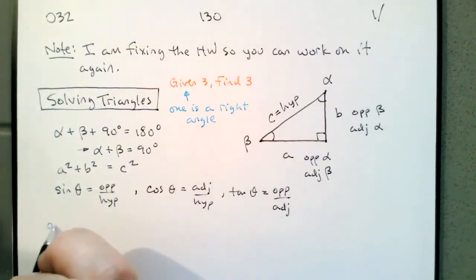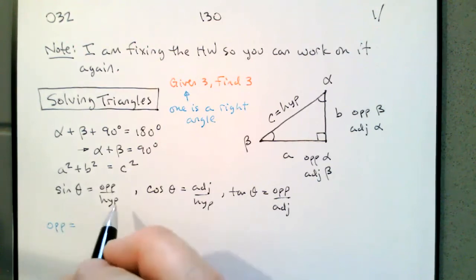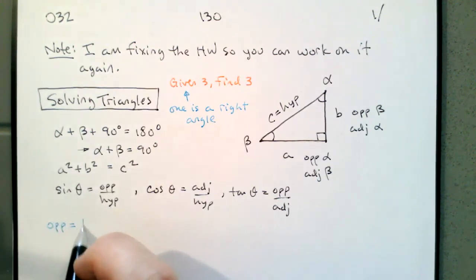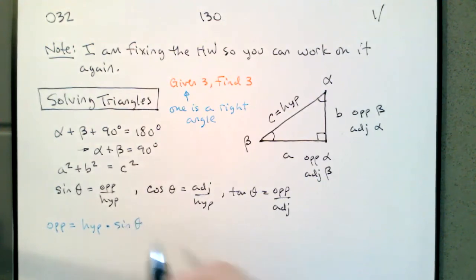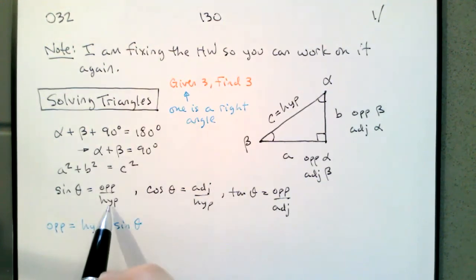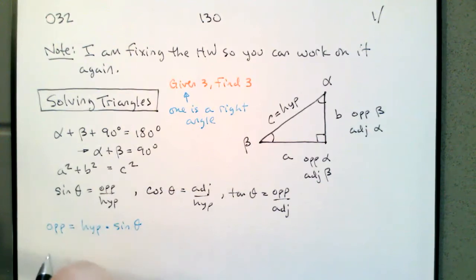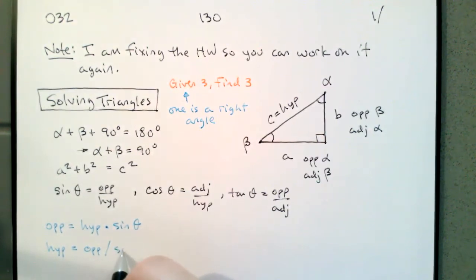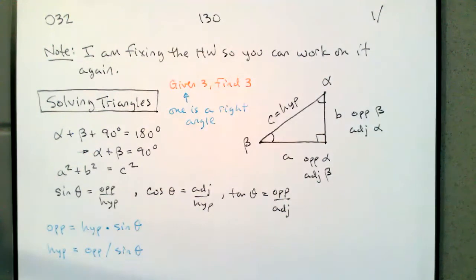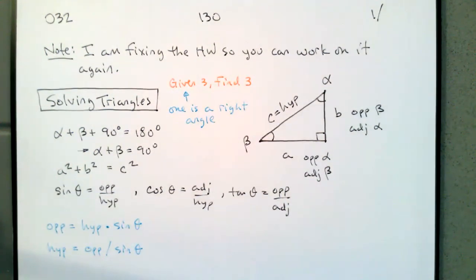So I could say opposite is hypotenuse multiplied by sine of theta. I can solve this for the hypotenuse by saying that the hypotenuse is the opposite divided by the sine of theta. We can also use sine of theta is opposite over hypotenuse to solve for an angle.